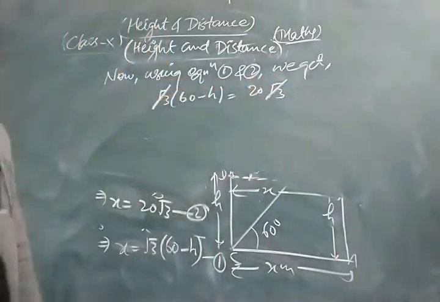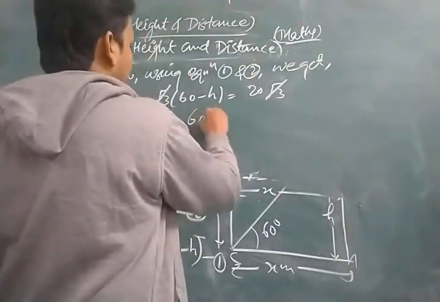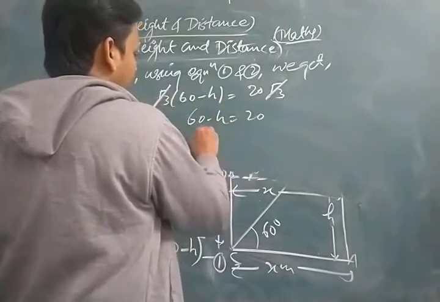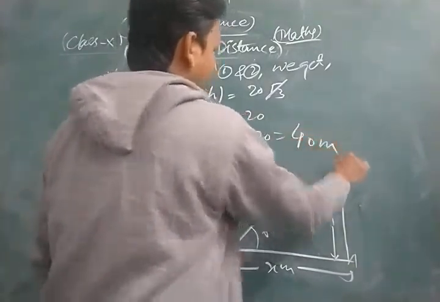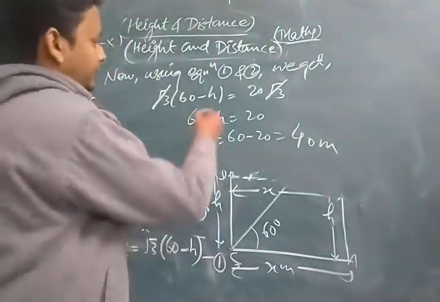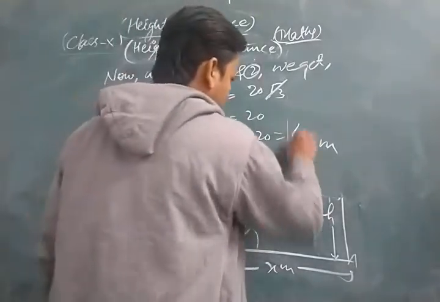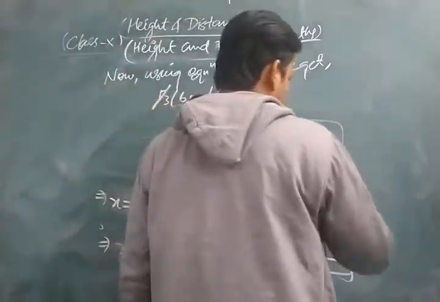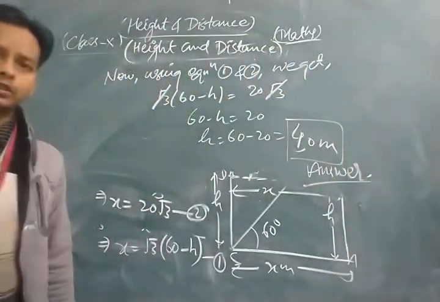Root 3 cancels on both sides. Now 60 minus H equals 20, so H equals 60 minus 20, that is 40 meters. This is the required solution of the given question.